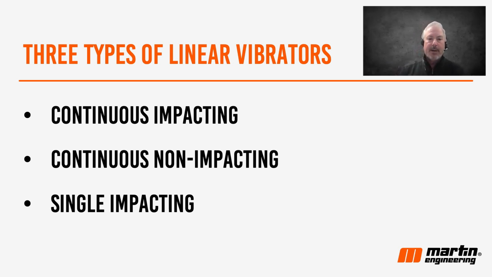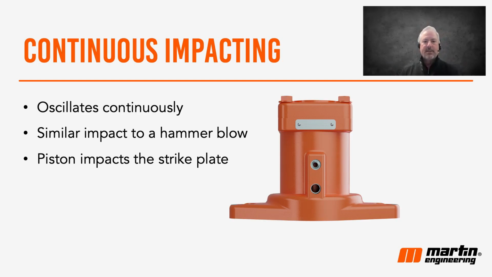So to look at the different individual kinds, the continuous impacting basically duplicates that hammer blow the best. The internal piston in that sleeve or bore travels and accelerates within that. They strike the strike plate on the base and transfer that energy by oil canning the wall into the hopper.